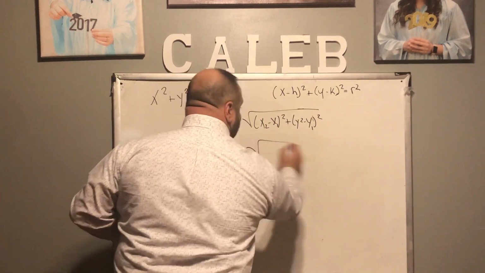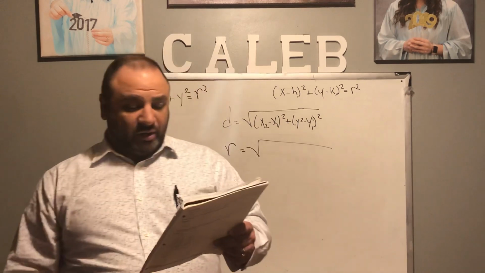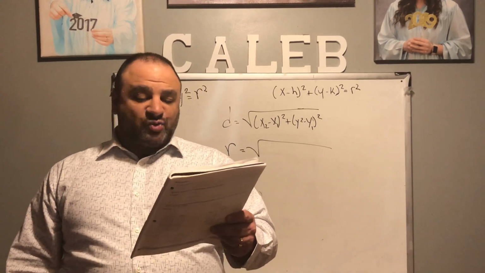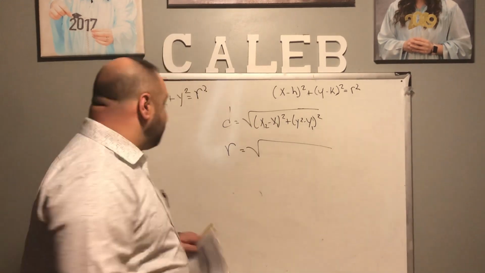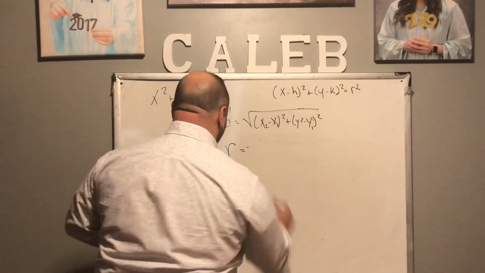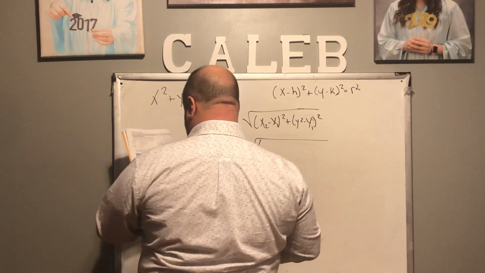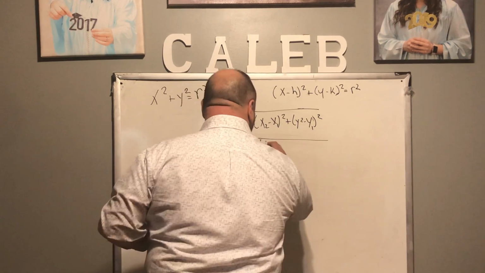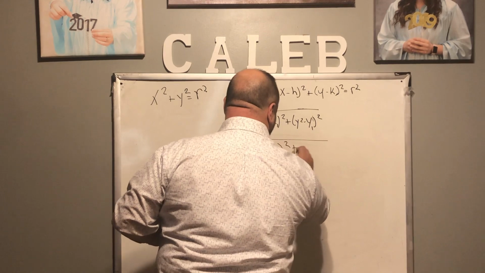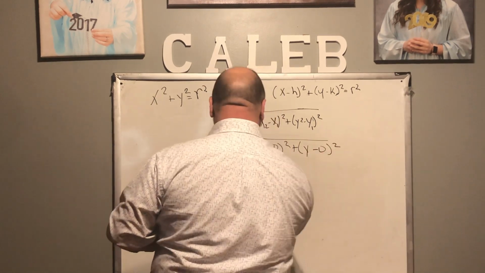So r equals, now what are our points here? Notice we have our points in our proof here. So x1 is 0, x2 is x, so x minus 0 squared plus y minus 0 squared.